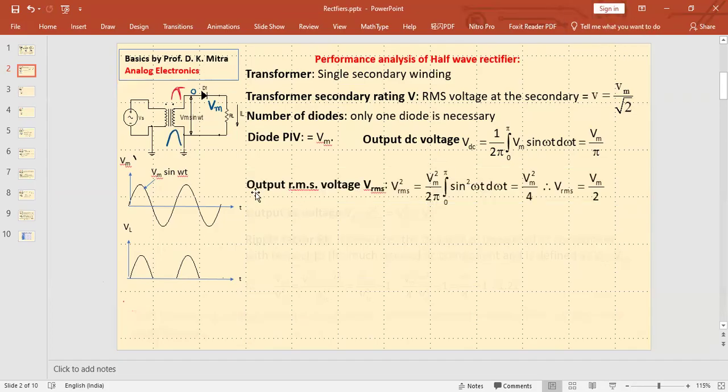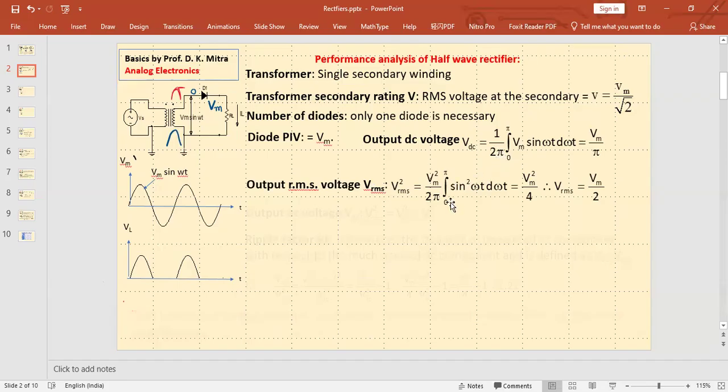Next, what is the output RMS voltage? Now, you know how to measure RMS. RMS is the instantaneous voltage squared and averaged. You found the simple average by integrating from 0 to pi and then dividing by 2 pi.